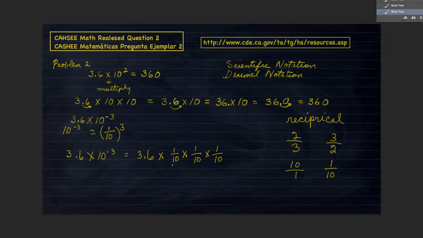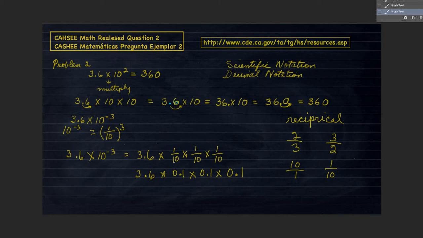So it's 1/10 three times. And if you don't like to multiply with fractions, you can change this to a decimal. This would be the same as 3.6 times 0.1 times 0.1 times 0.1, or 1/10.